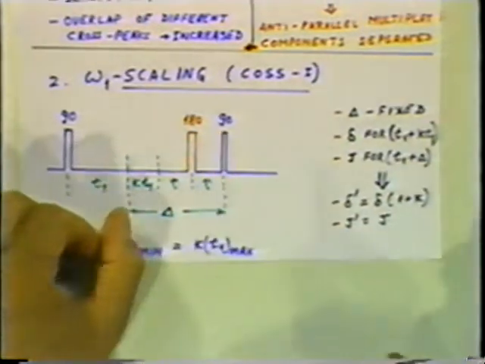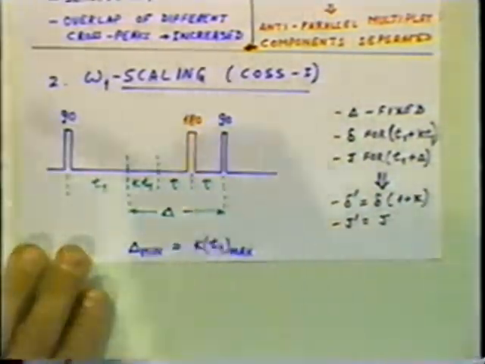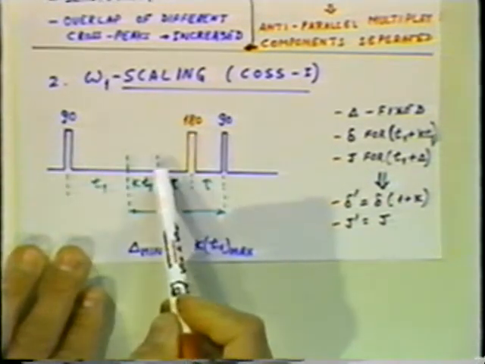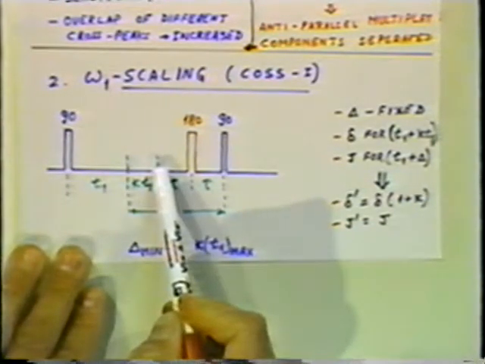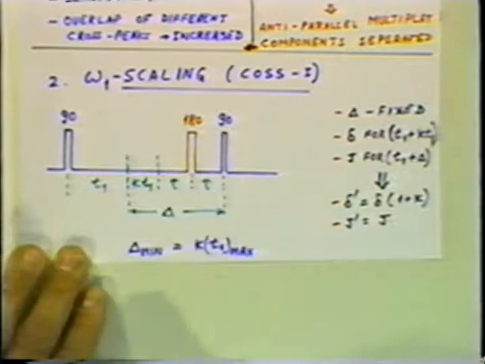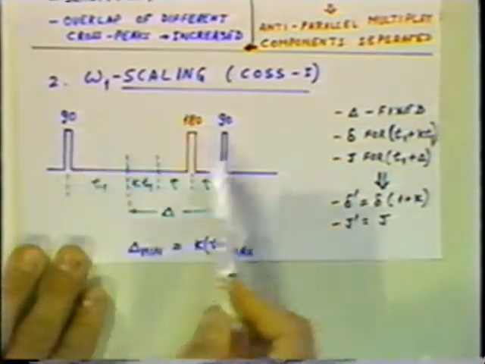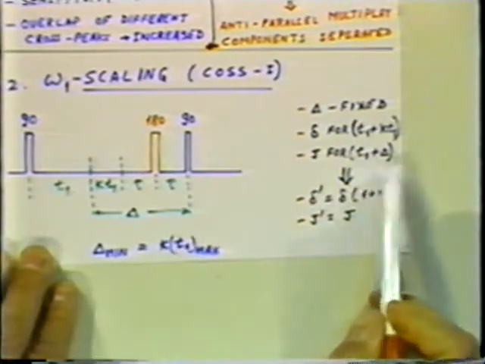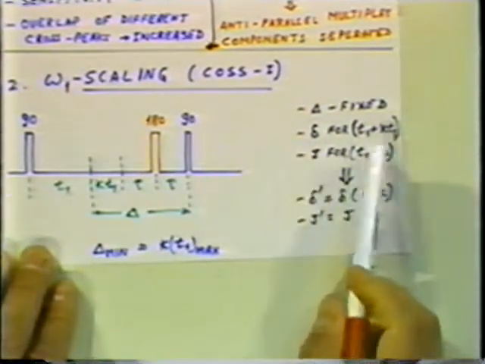The details are that the chemical shift is effective from here to here and not in this period. The J coupling is effective over all the time. So the J is effective for T1 plus delta, the chemical shift for T1 plus kT1.